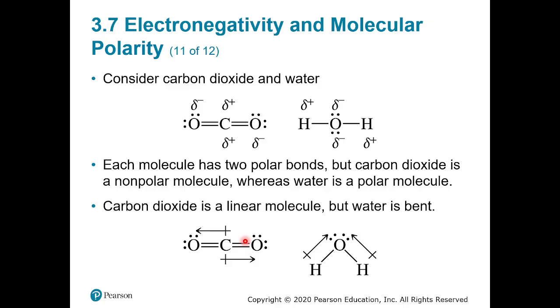The molecule of carbon dioxide is nonpolar. The carbon-oxygen bond is polar covalent. The bond has poles, right? Not the molecule. Here, the molecule is polar. So water is a polar molecule. The molecule has a dipole, two poles. This right here, the bond, is also polar.